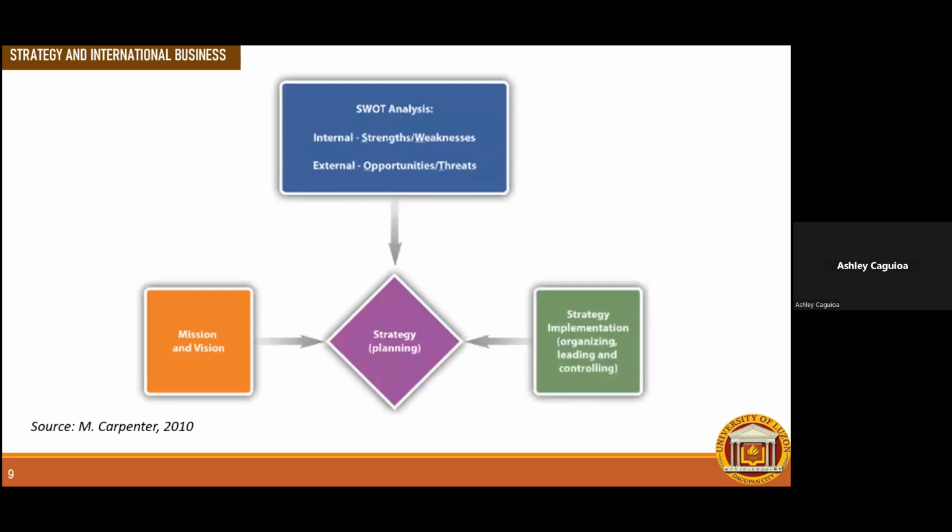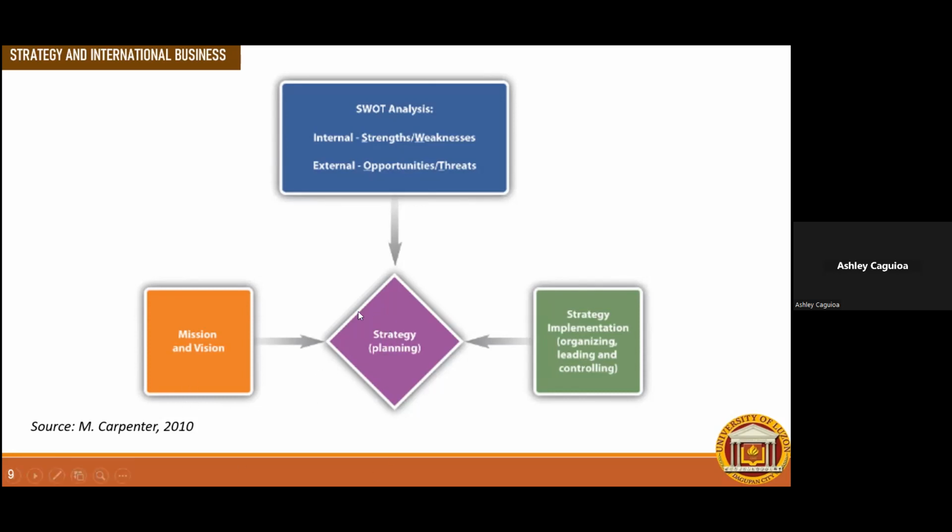Next, we have here a figure from M. Carpenter, 2010. In the middle, we can see that strategy is planning. When we need to strategize, we must have a mission and vision, a SWOT analysis, and lastly, how we will implement the strategy.